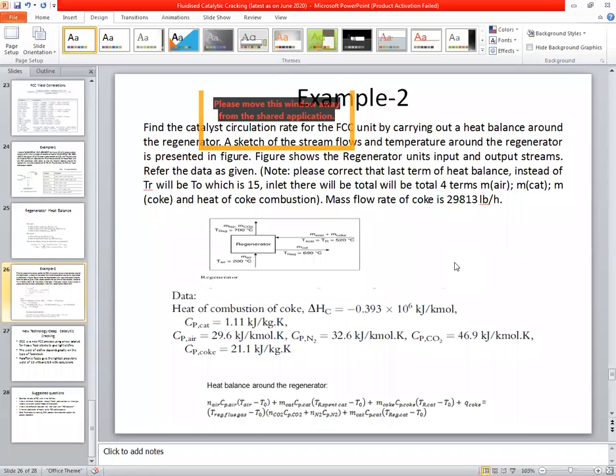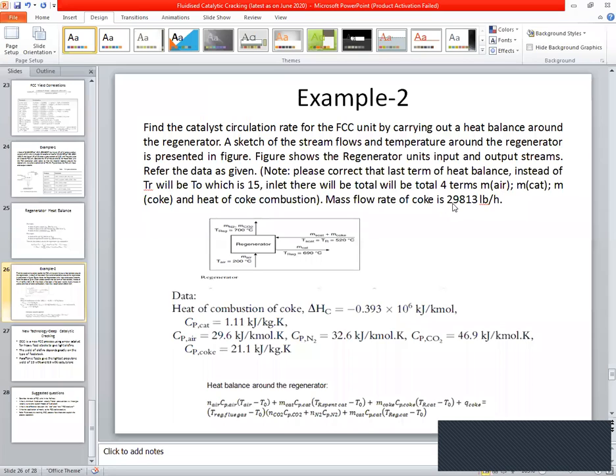See here the unit, pound per hour, it means that it is already a mass flow rate, right? So here the word itself is wrong. That is why you write, as I mentioned here, that mass flow rate of Coke is 29,813 pound per hour. Class, is it clear so far to you?